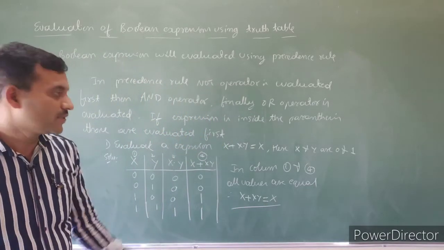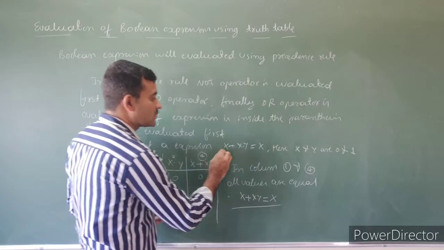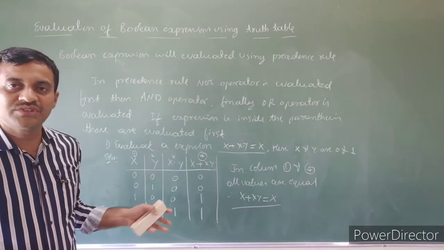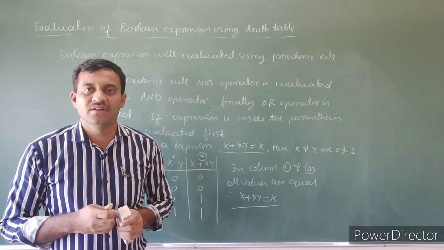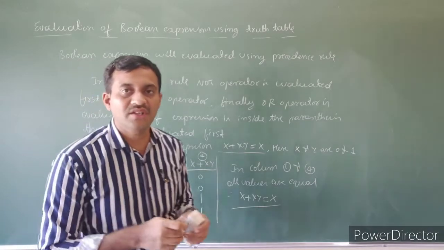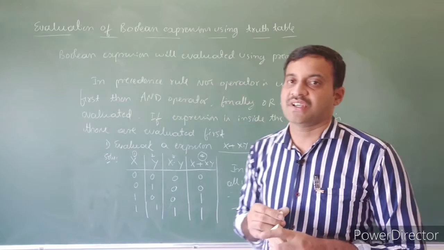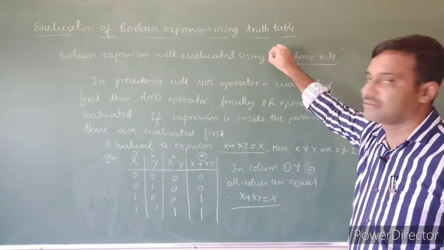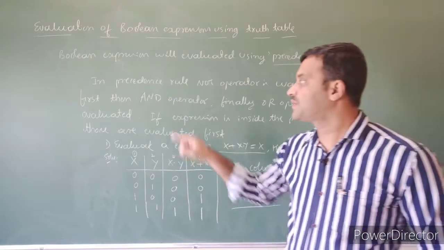This is the evaluation of a Boolean expression. What is the given Boolean expression? X plus xy, which is equal to x, using truth table. Like this, we have to evaluate Boolean expressions. How to evaluate? Using the precedence rule. What is the precedence rule?